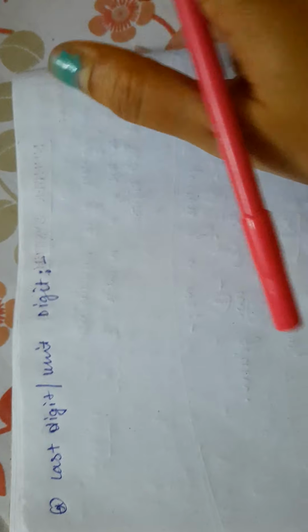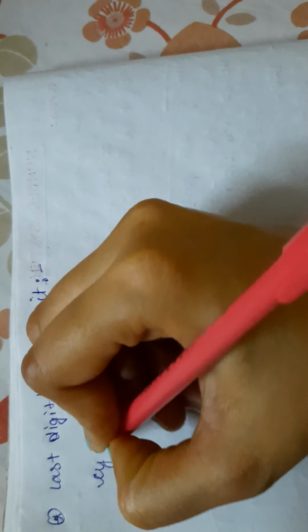Here we don't want to waste so much time. There is a shortcut and a few note points as well, so please listen to this very carefully. It is very important. First of all, we have to know the cyclicity of a number.